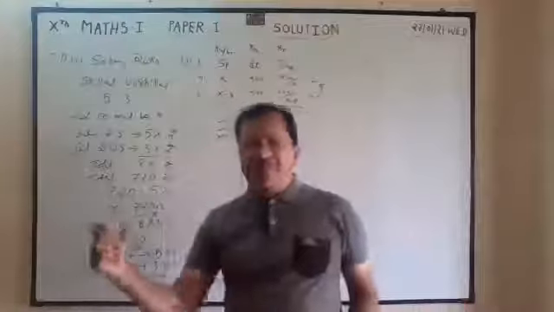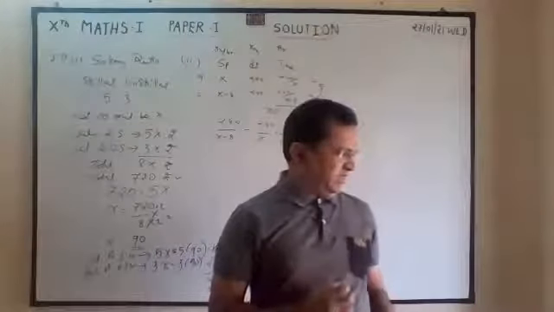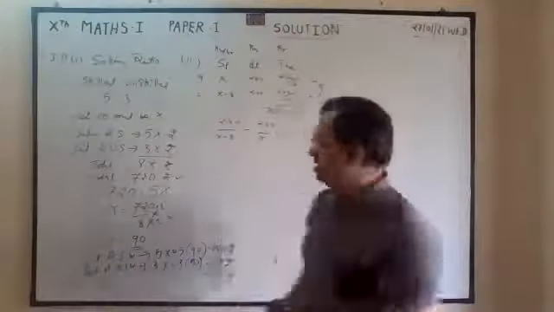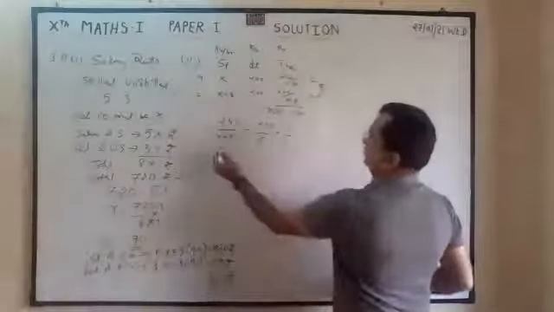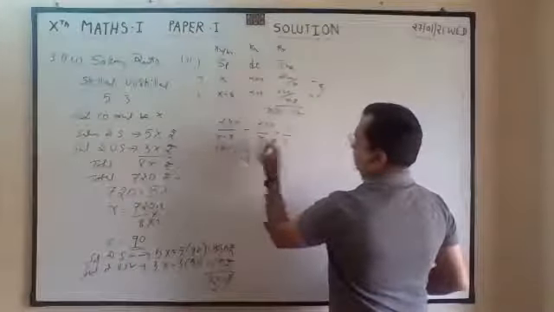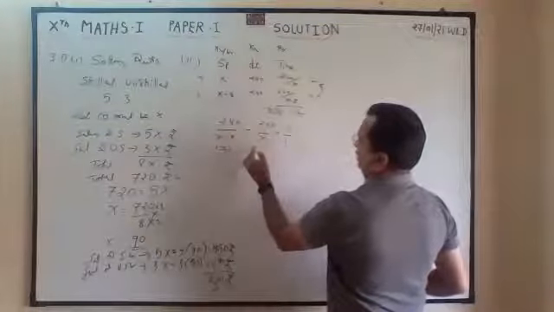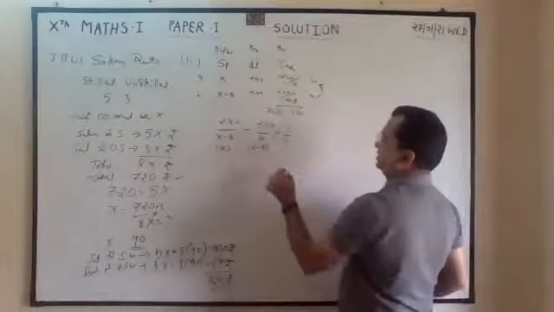When there are different denominators, at that time, the product of the rest is the LCM. So x into x minus 8.